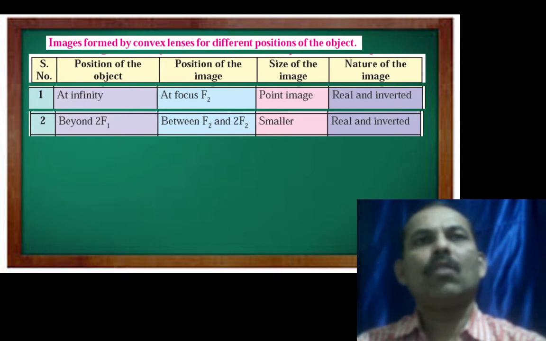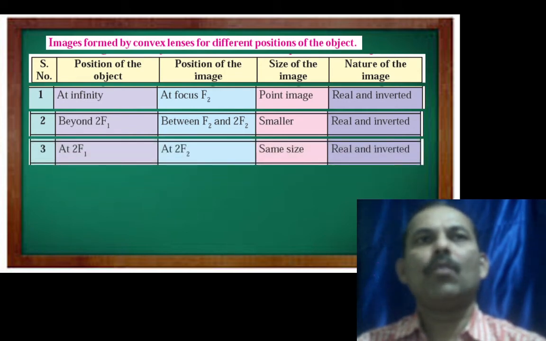If the position of the object is beyond 2f1, the position of the image is between f2 and 2f2. At that time, the size of the image will be smaller. Nature of the image is real and inverted.